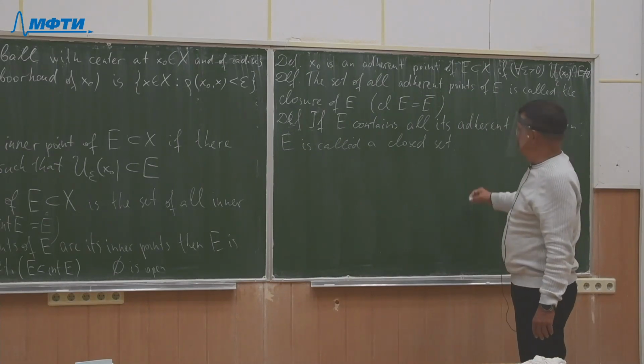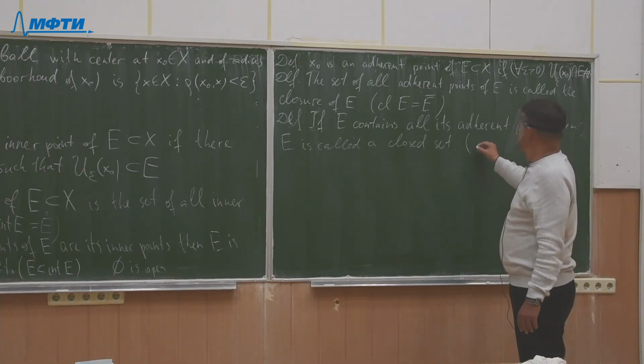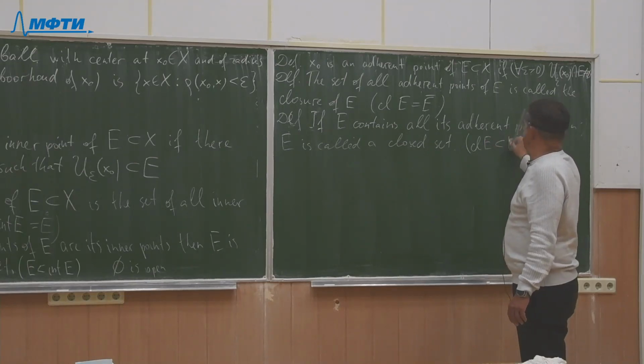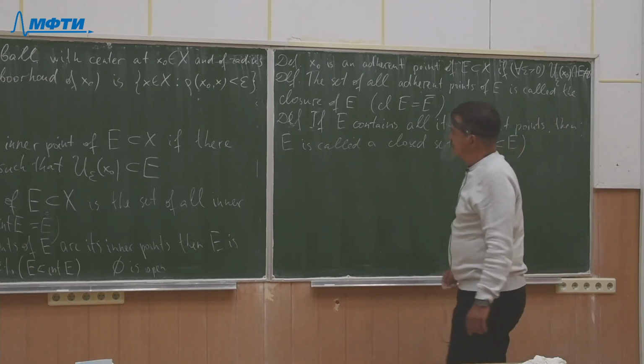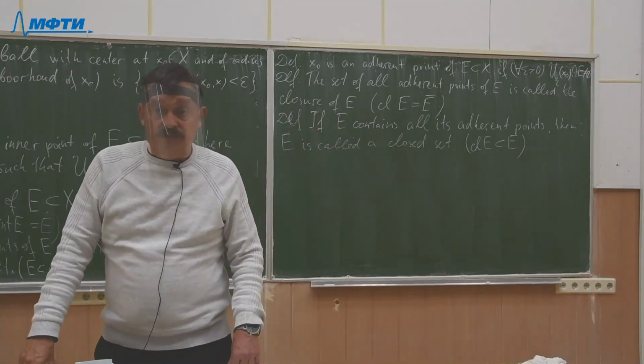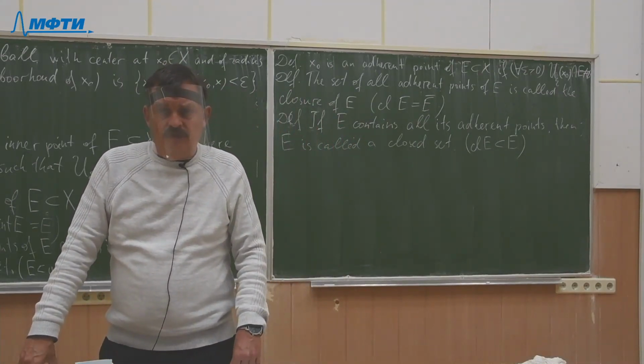So it means by definition, closure is a subset of E, right? So all points of closure are in E.